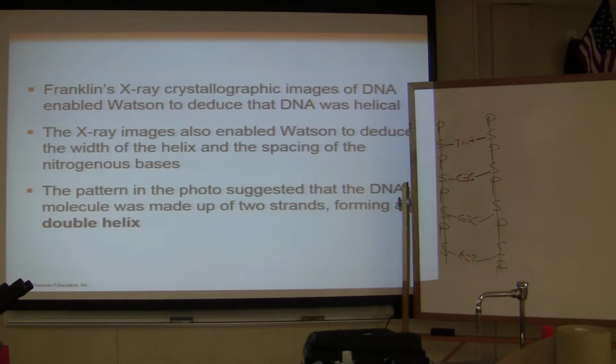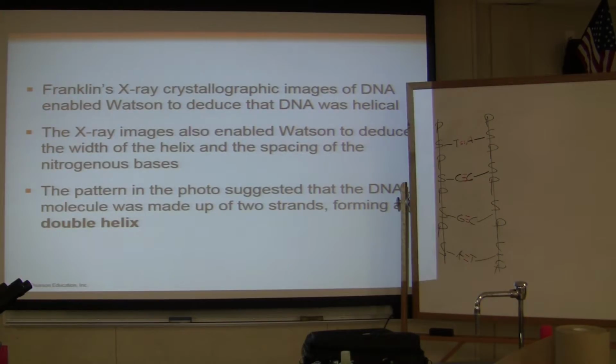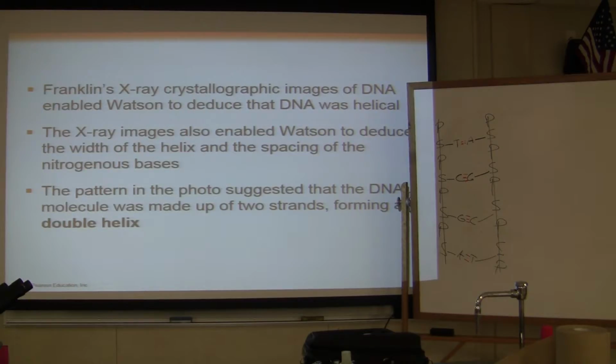X-ray images also enabled Watson and Crick to deduce the width of the DNA helix and the spacing of the nitrogenous bases. The pattern in the photo suggested that the DNA molecule was made up of 2 strands forming a helix.